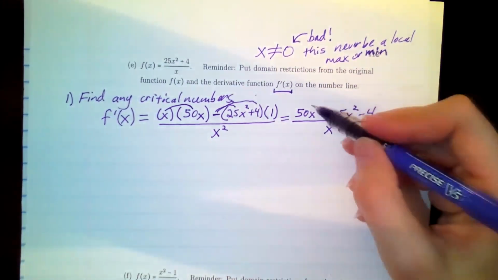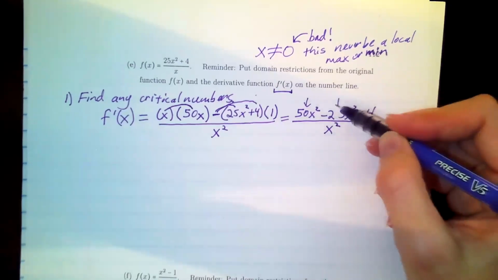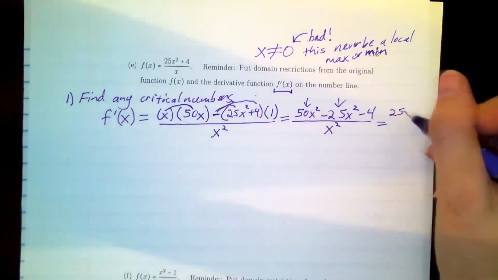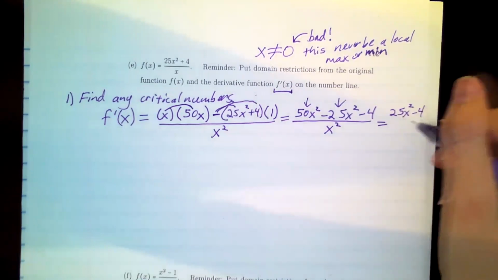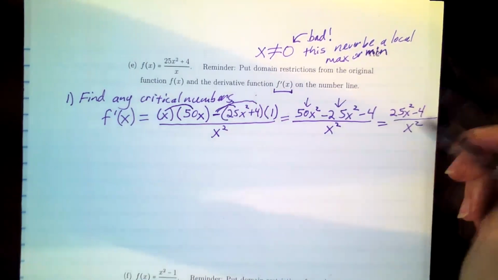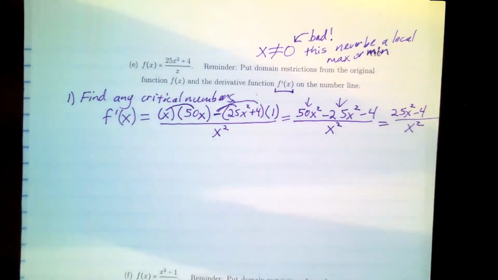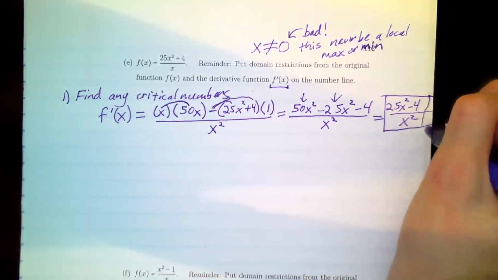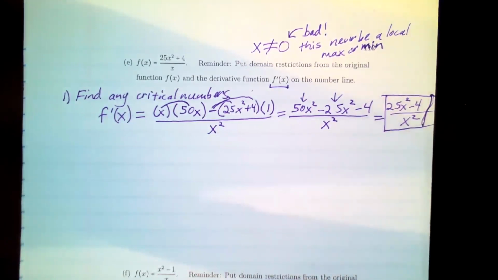Let's combine our like terms. I've got 50x squared minus 25x squared, so that's 25x squared. 25x squared minus 4 divided by x squared. Here's my derivative, simplified down. I haven't done anything with it yet, but it looks nice. So I'll box that just so I can see it later once I need it again.